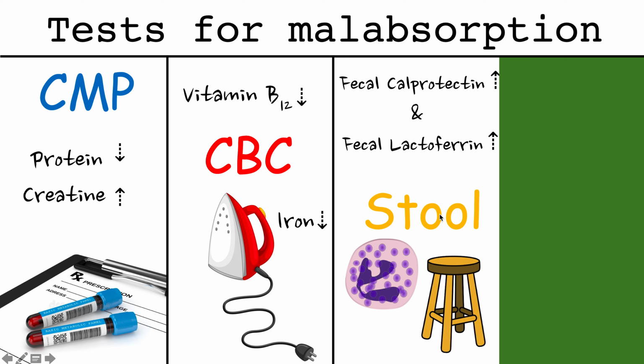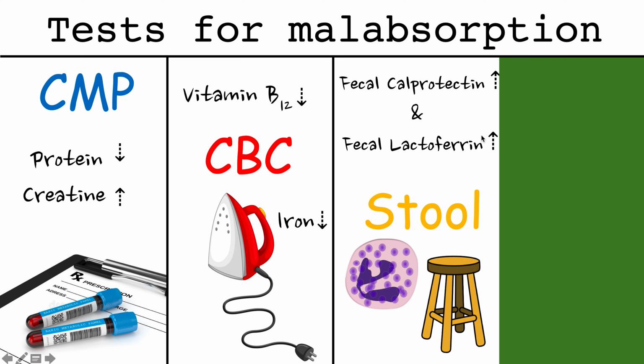Now, the other one is because during Crohn's disease, there's a lot of inflammation going on, right? And we know during inflammation, your liver will make a lot of proteins like CRP, C-reactive protein, right? Which is an indication of inflammation, but it's not an indication of specific GI inflammation. It's just general inflammation.